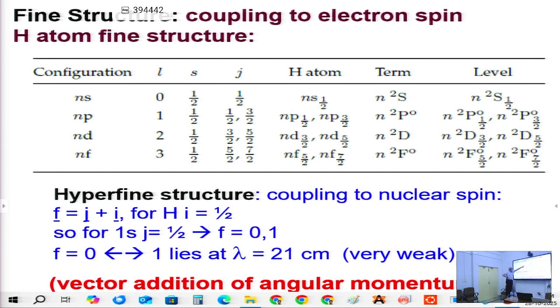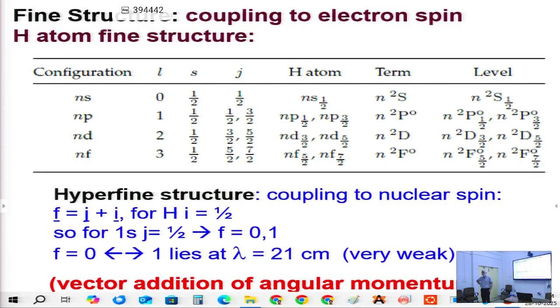For the ground state, J is a half. You add another half to it, and the only answers you can get are 0 or 1. So you get two hyperfine levels for the ground state. And the 21 centimeter line gives you the transition between these two nuclear hyperfine structures.